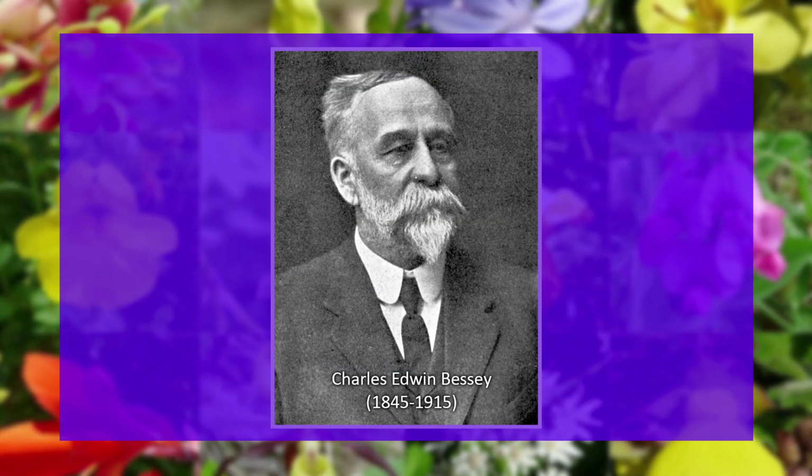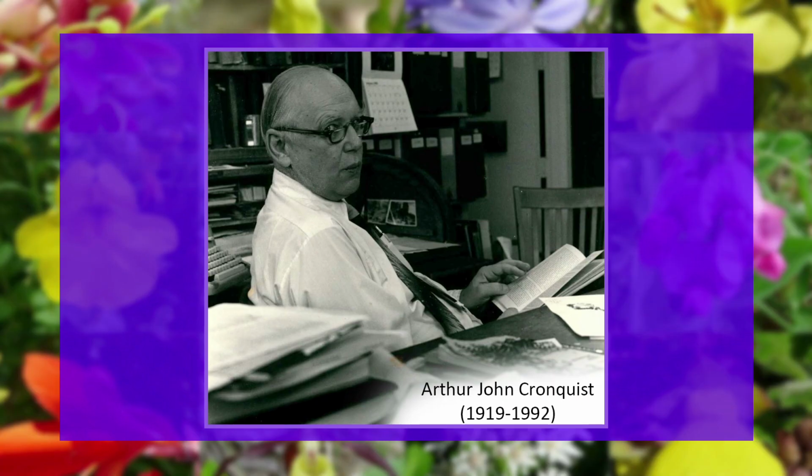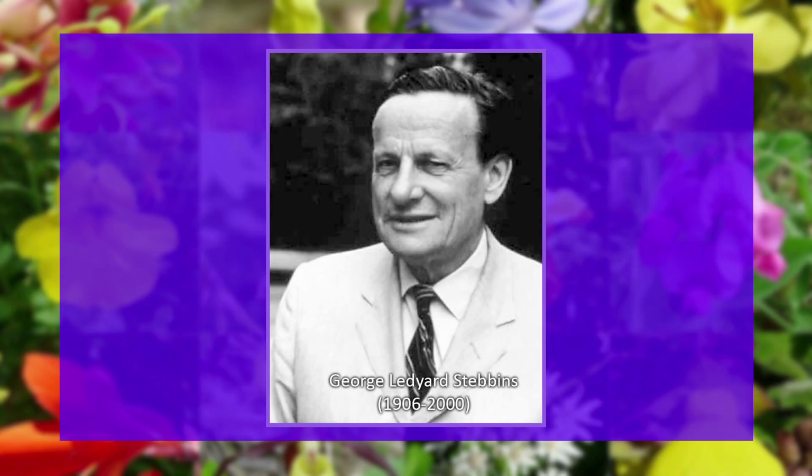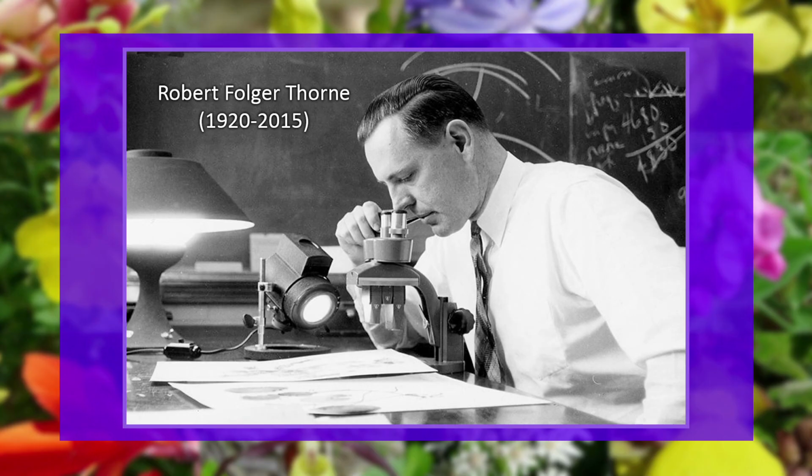However, Bessey actually used a qualifying hyphenation and a distinction not always recognized in reference to this scheme. With some modifications, most modern classifications, for example, those of Cronquist, Takhtajan, Stebbins, Dahlgren, and Thorne, follow the Bessey tradition.